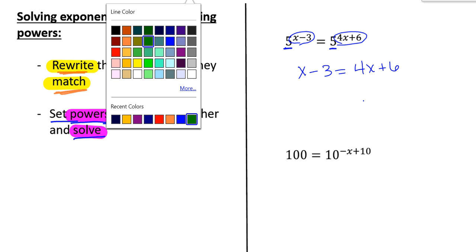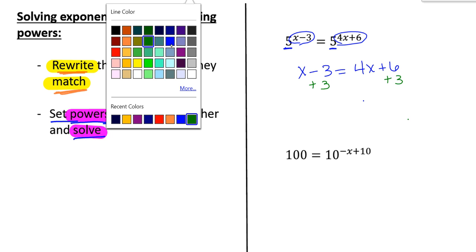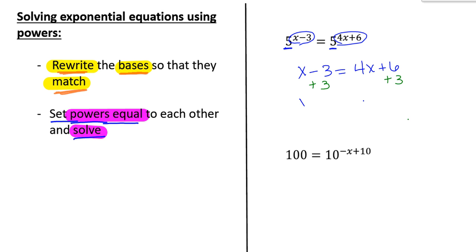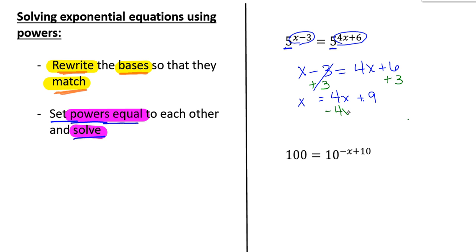Okay, these ones I would probably add the 3 to both sides first, so that then I have x equals 4x plus 9, and then subtract the 4x over. This is linear equations. Hopefully they come to your mind.